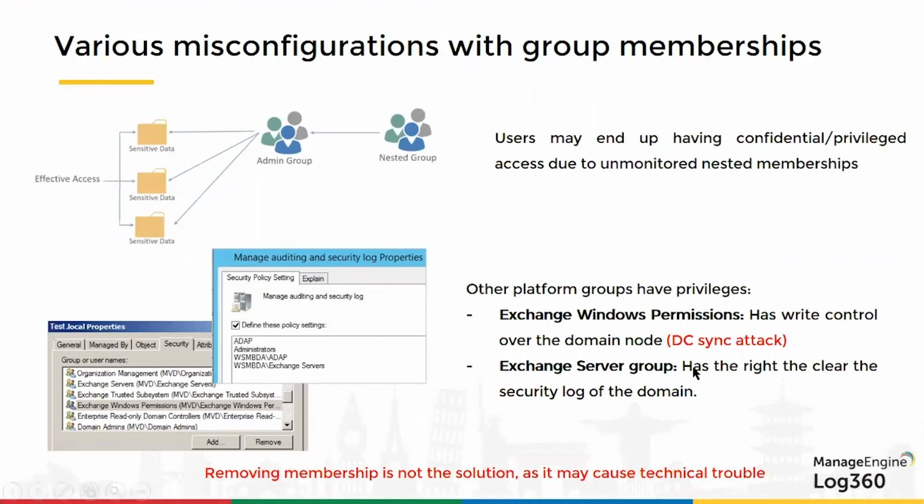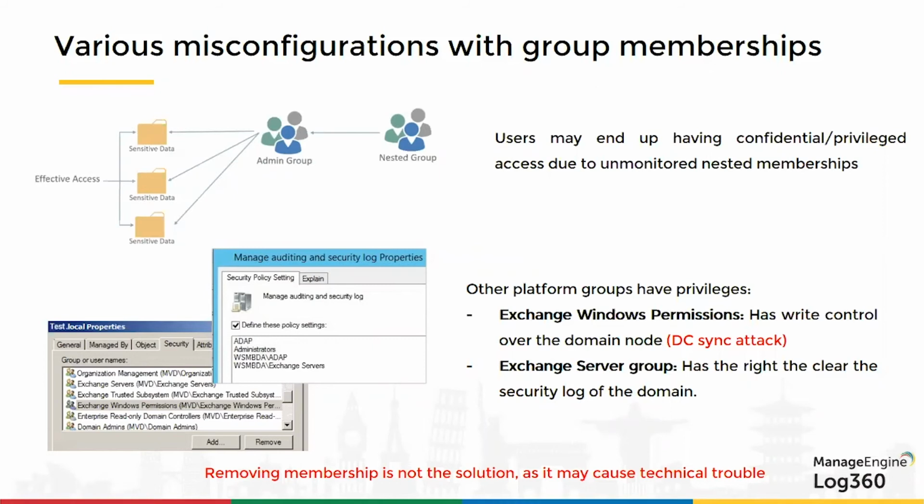Right? There's another group called the Exchange Server Group that is by default a member of the auditing and the security log properties within user rights assignment in GPO. So basically this group has the right to clear the security log of the domain. Any user who's a member of this group can clear the security log of the domain, remove traces of suspicious activities, and that's something that has to be looked into as well.